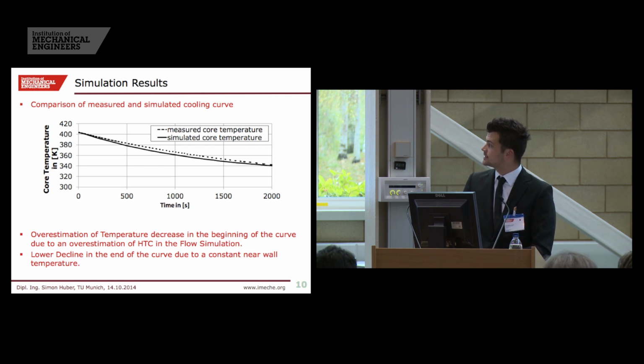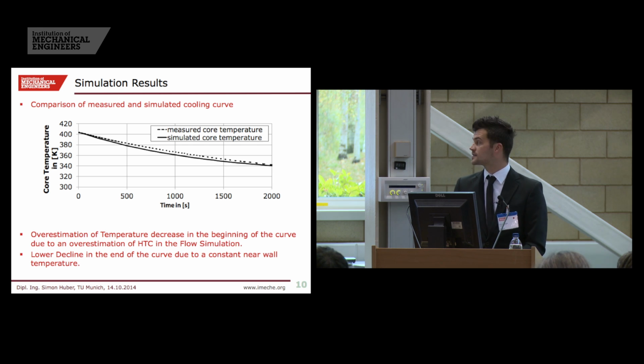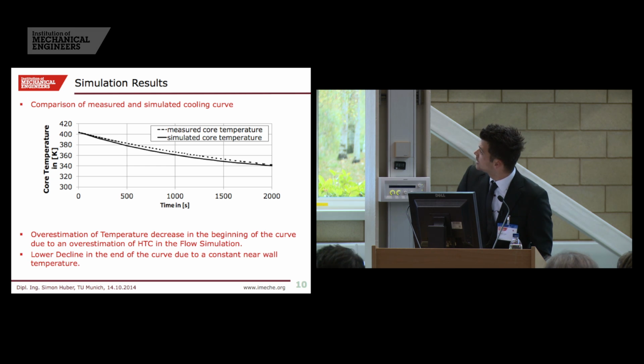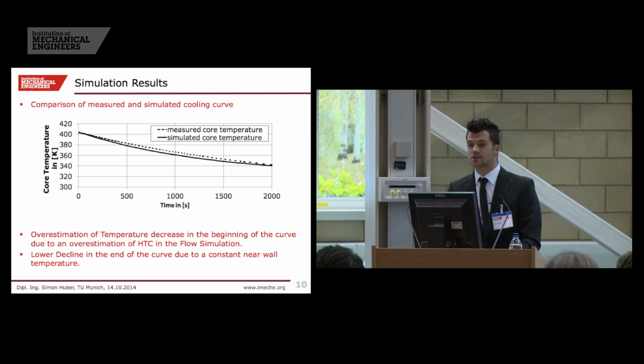You can see that the temperature decrease is still a little bit overestimated. This comes out of the CFD simulation where the heat transfer coefficient is overestimated. And the last result is the comparison with the compressible solver.